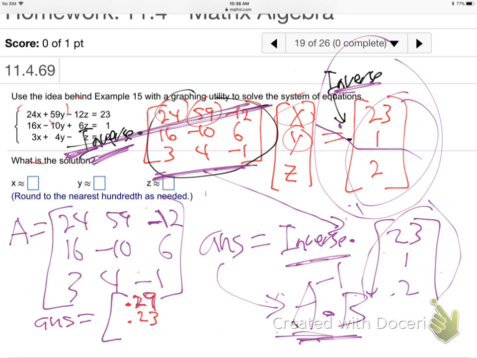And negative 0.23 for Z. This is X, Y, and Z. We just solved a 3 by 3 equation that quick using matrices. So it's things like this that give matrices their usefulness to us. Is that good there? Guys got that answer now?